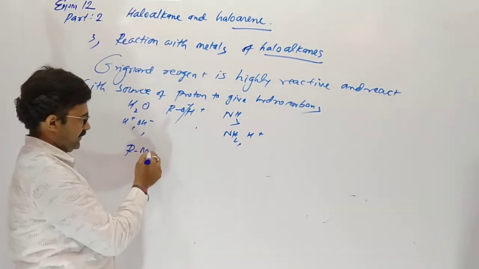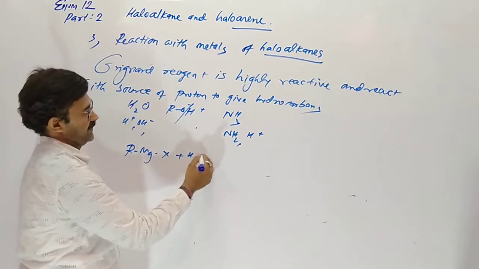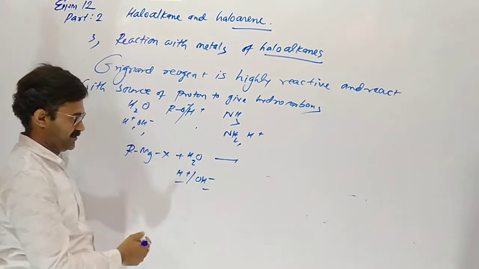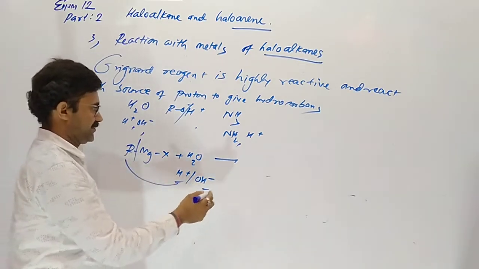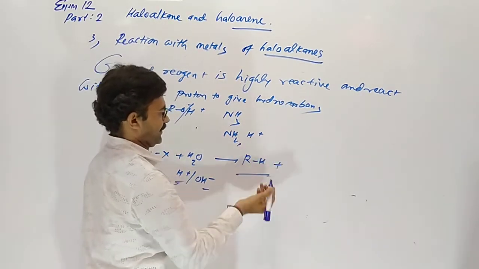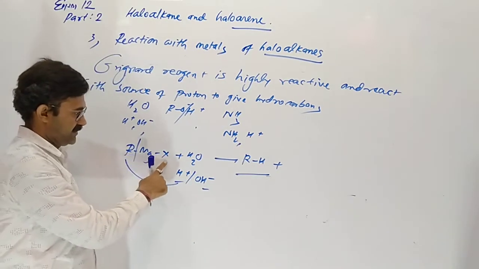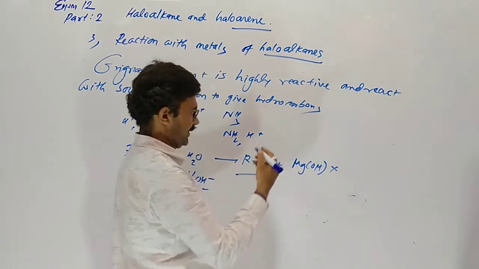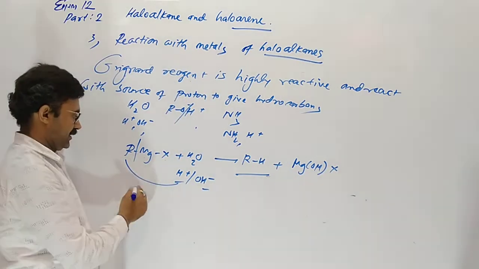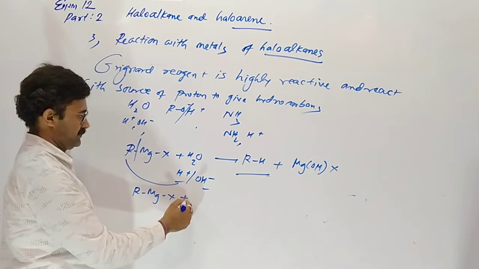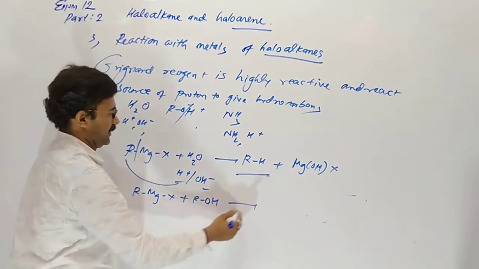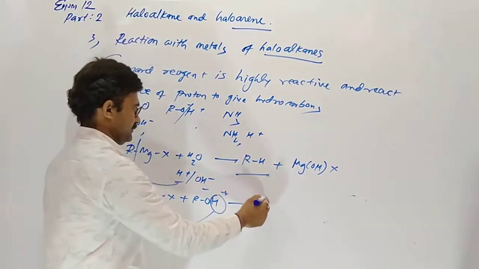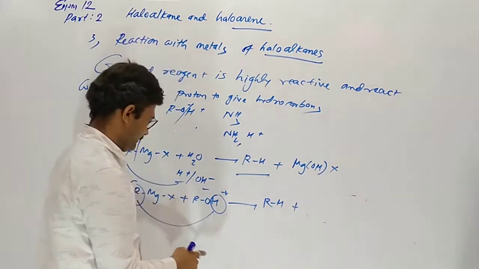Suppose Grignard reagent is reacting with water. In the water, H plus and OH minus. R with H gives a hydrocarbon. MgX with OH, magnesium hydroxyhalide. Another example, suppose this reacts with alcohol. So R with H, alkane.